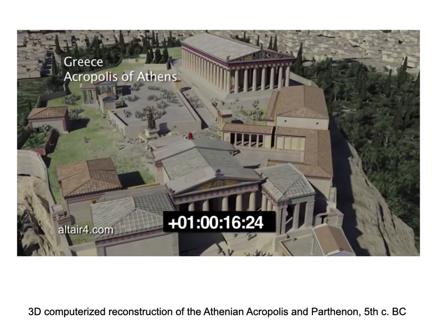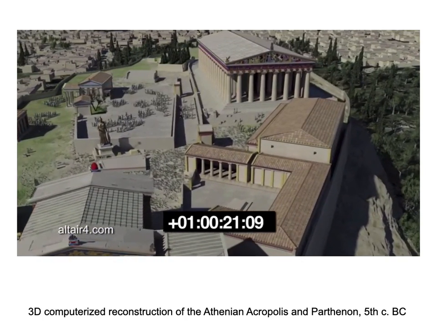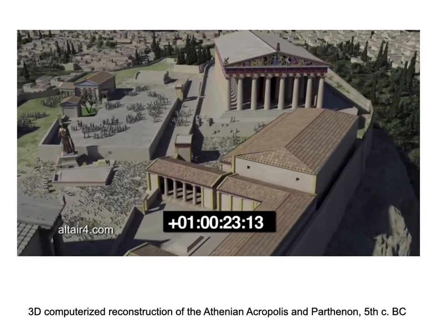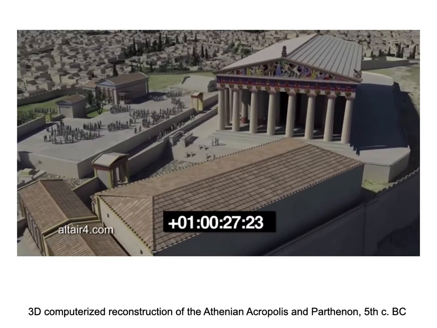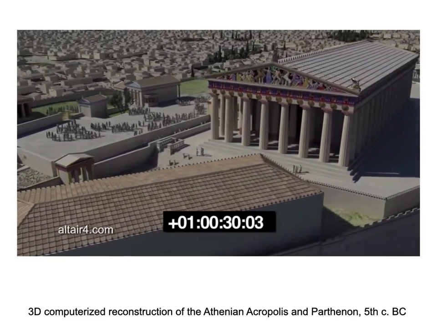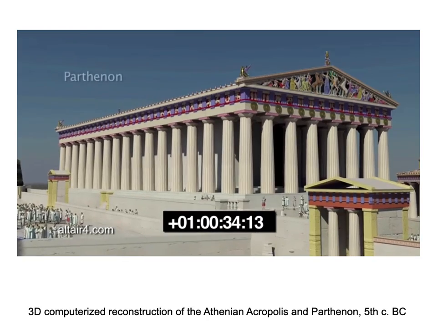This aspect of the architecture of the Parthenon is emphasized by this 3D reconstruction video. Note how all four sides of the Parthenon would have been visible from anywhere in the lower city of Athens.